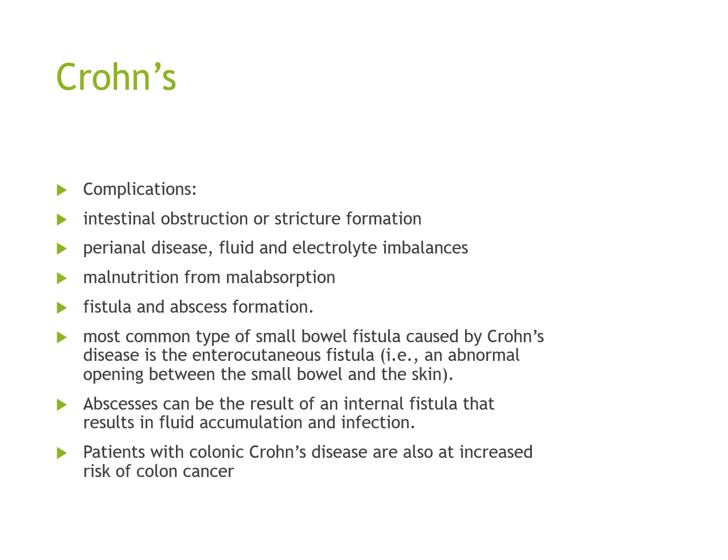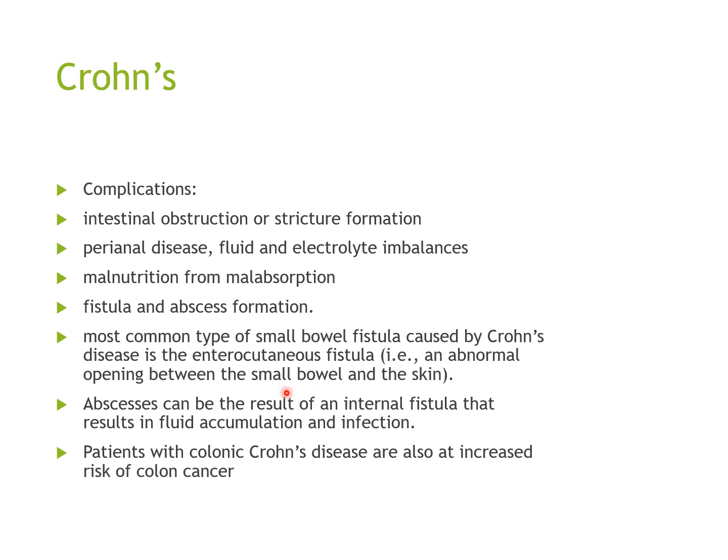All right, so your complications have to do with just how the Crohn's happens. So we've already mentioned things like intestinal obstruction, stricture formations, perianal disease, fluid and electrolyte imbalances, malnutrition from malabsorption, fistula and abscess formation. The most common type of small bowel fistula, remember, a fistula is a weird opening, a weird connection that happens, they are calling it an enterocutaneous fistula.